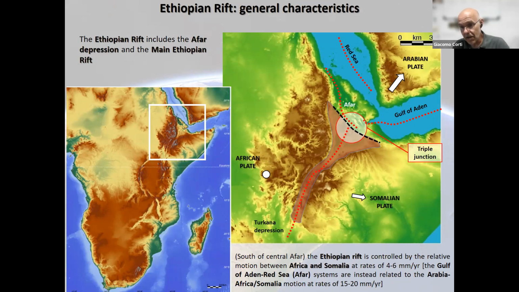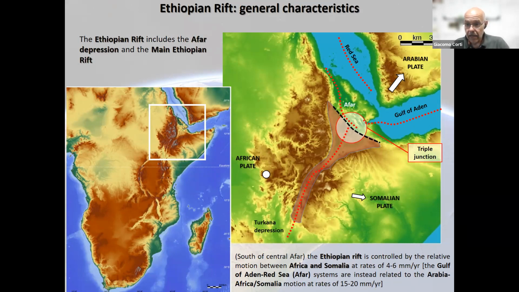Rifting is very slow in these areas, occurring at rates of 4 to 6 millimeters per year, whereas the motion of Arabia with respect to Nubia and Somalia is faster. It occurs at rates of 1.5 to 2 centimeters per year.